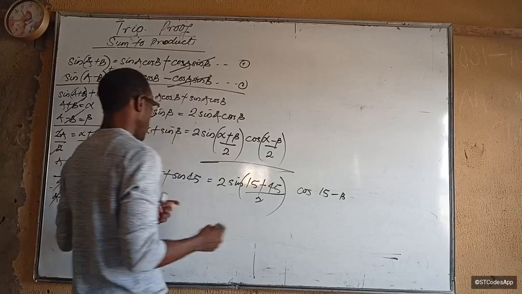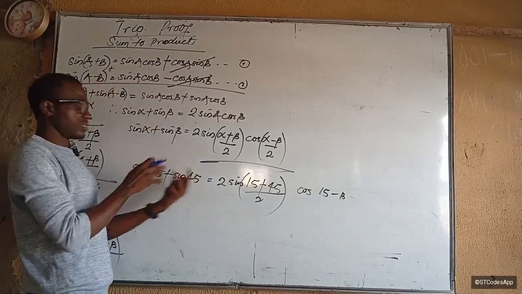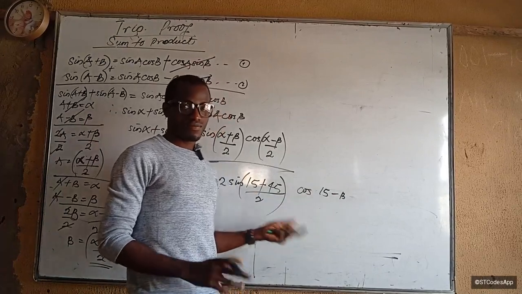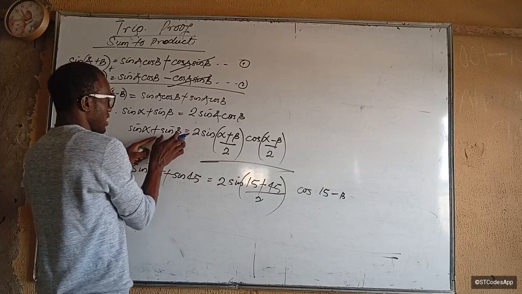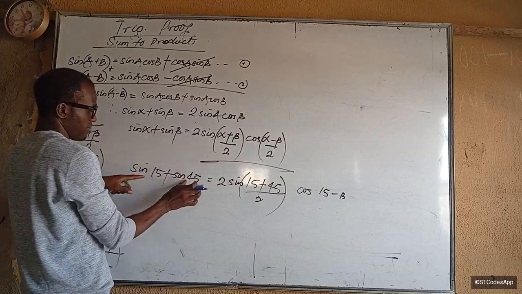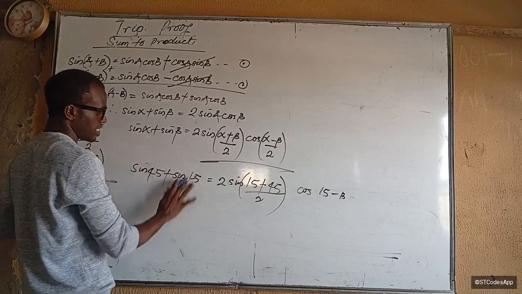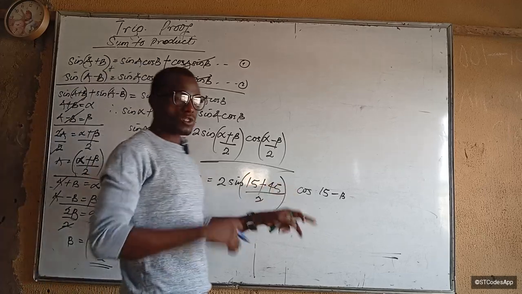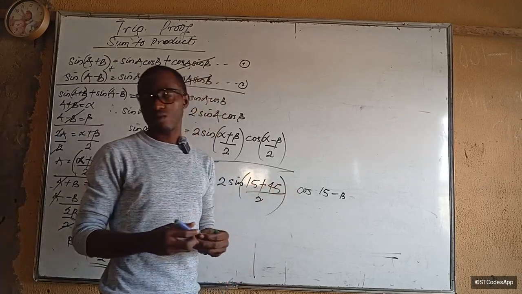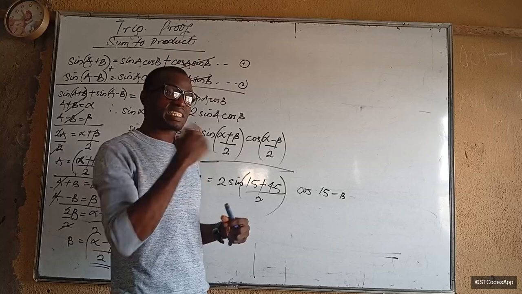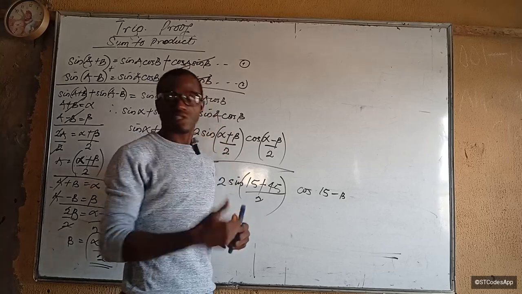I mean, you can change this so that it becomes positive before negative. So if you make this guy negative, let's make this guy 45 and this guy 15. It doesn't change our answer, because the cosine of a negative value gives you a positive, but the sine of a negative still gives a negative answer.